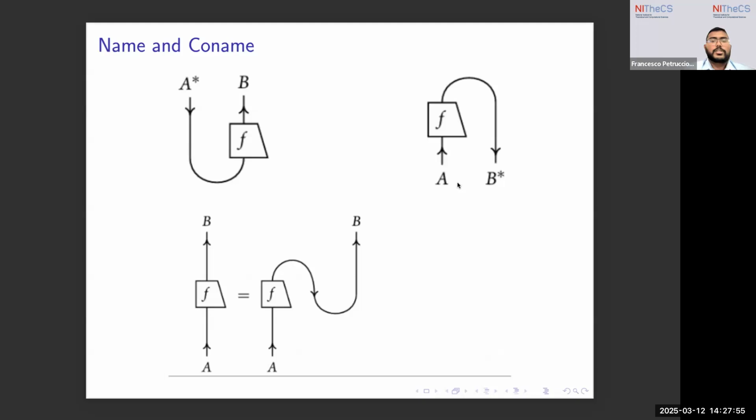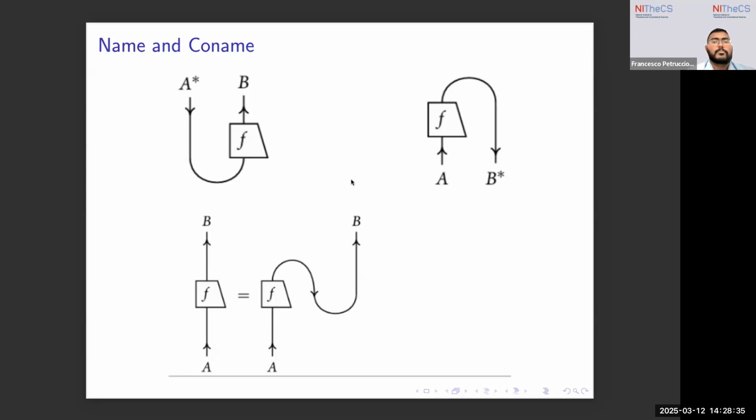But looking at this using string diagrams, we can represent any morphism F going from A to B using these things that we call the name and co-name of F. So we know the input of F is A and the output is B. So instead of drawing F as our usual string diagram like that, we use the dual of A. So A star we're considering as the dual object to A, and we can represent F in this format here, and we call this the name, and the dual diagram on the right we call the co-name.